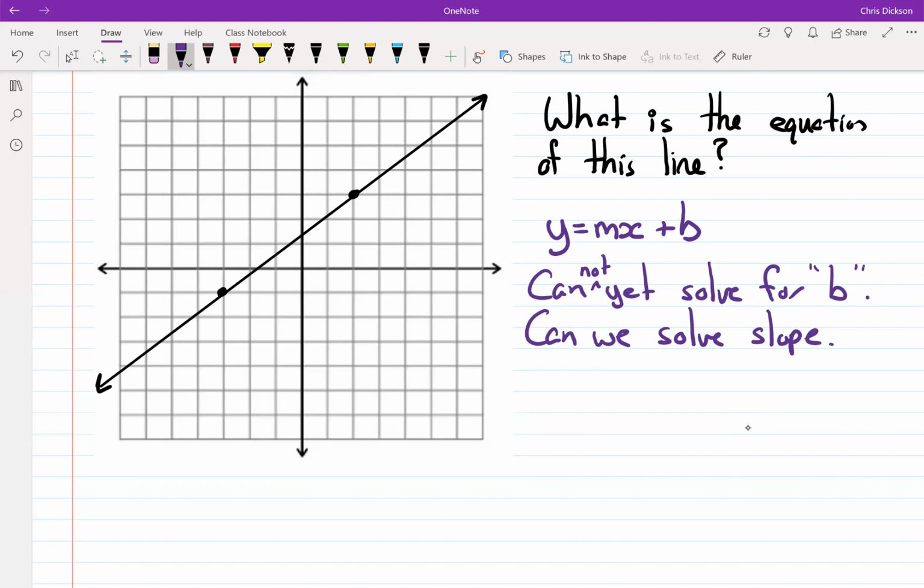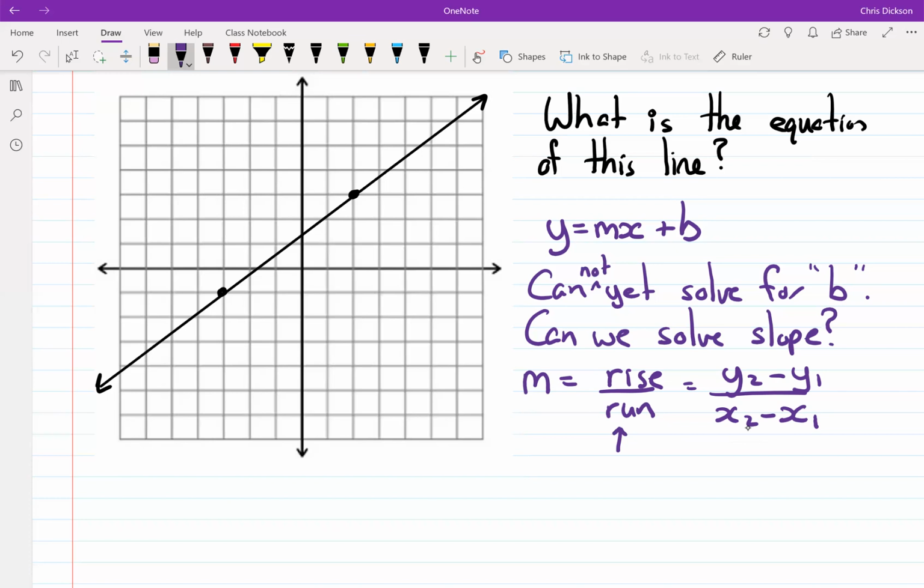Well, if you know 2 points on the graph, you could use the slope formula, which is the rise over the run, which is y2 minus y1 all over x2 minus x1. So that's one way you could do it. Now, since you have the graph, you could actually just use the idea of rise over run also.